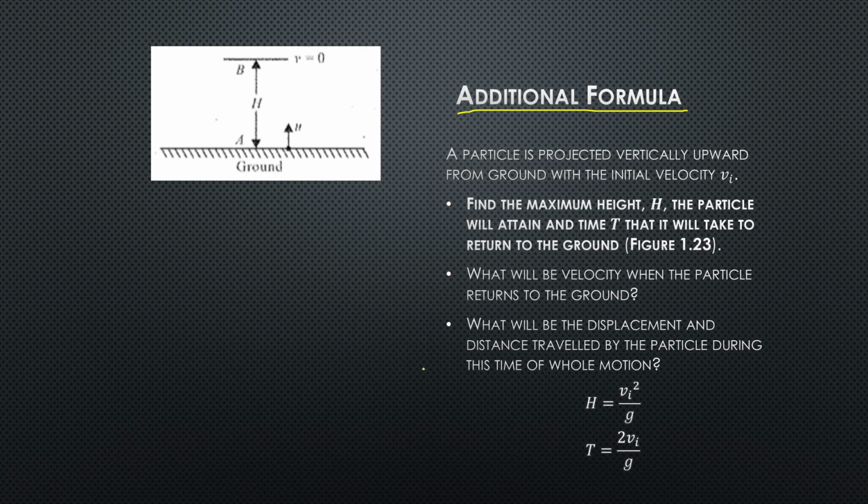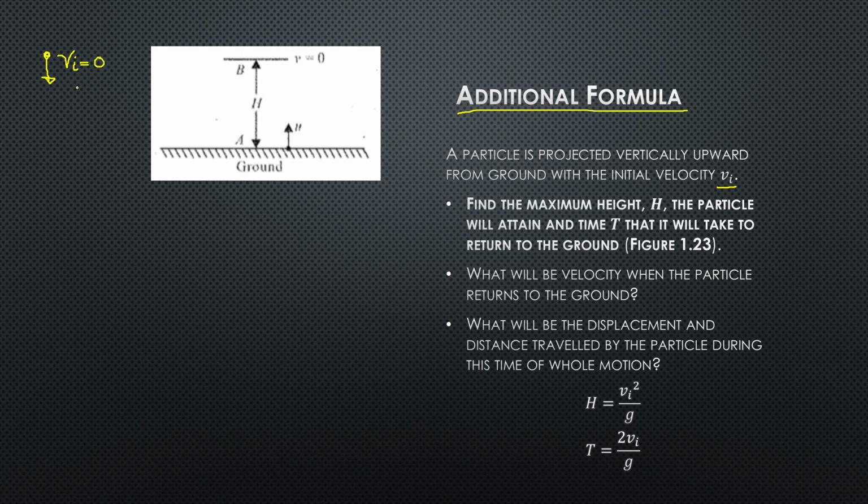So these are some common problems in free fall. Let's say a particle is projected vertically upward from the ground with initial velocity vi. From the earlier explanation of the formulas, a ball is dropped from the top of a building and its initial velocity is 0.